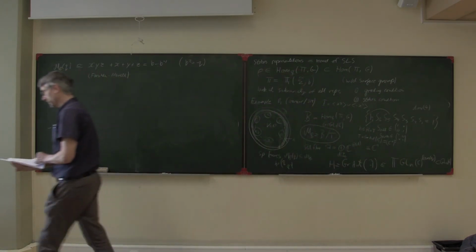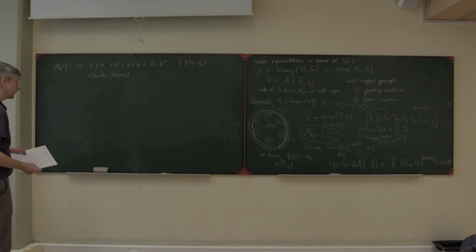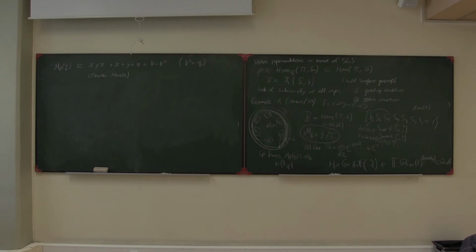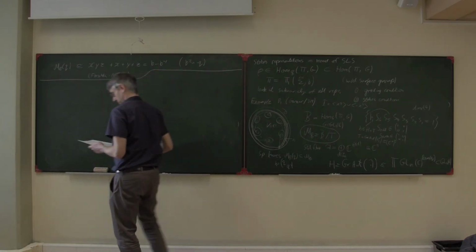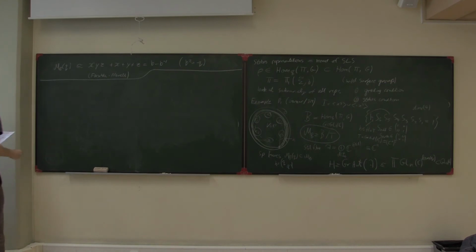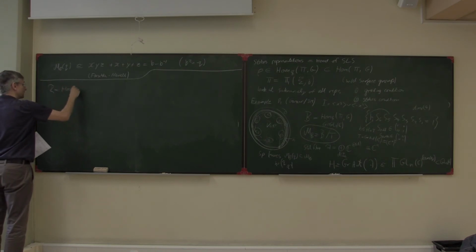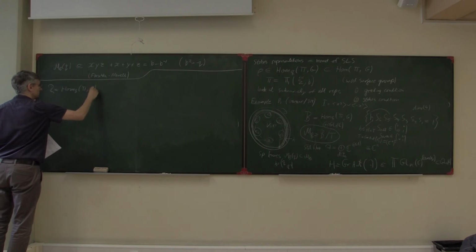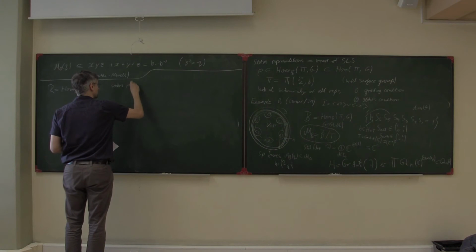So let me state the result that we want to get to. Maybe I'll state it in the untwisted case first. Let's go back to the general picture. So let's define the wild representation variety to be this space, the space of Stokes representations.